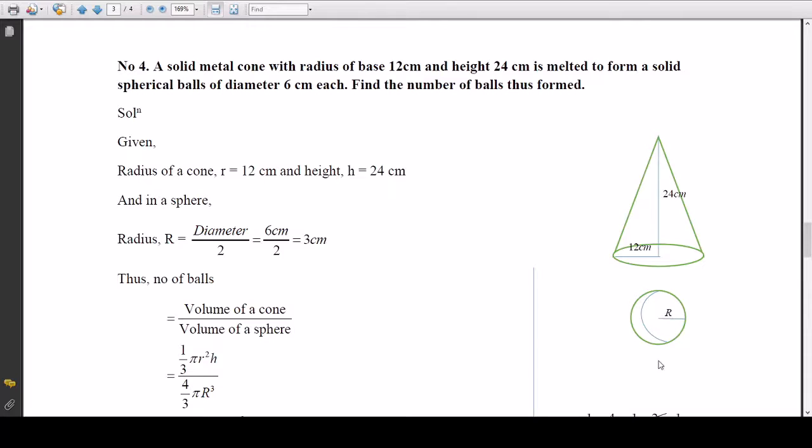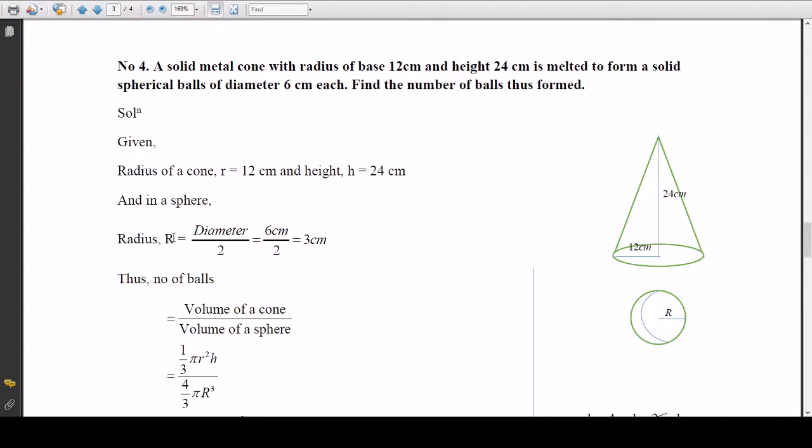For that you have to find the volume of the cone, and that volume of the cone divided by the volume of this spherical ball will give you the number of balls formed. Okay, now going to the solution. A cone is given with radius 12 centimeter, height 24 centimeter, and for the sphere, the radius, let us take with capital R.